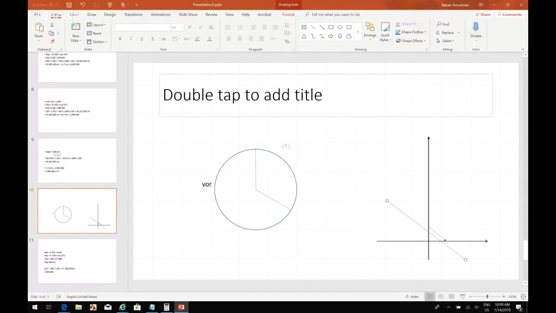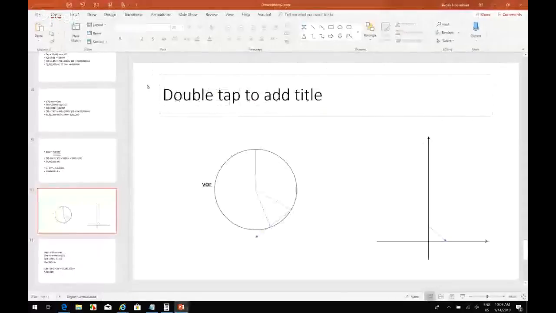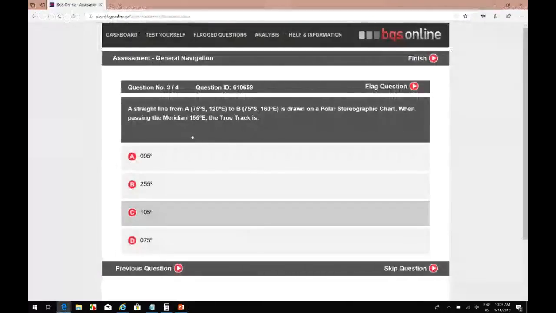We'll do another one going from 120 to 160. So the line of travel is like that. All right. Curved line is the run line. The straight line is the track line. So when passing meridian 155, the true track is, okay, so we want the convergence angle.